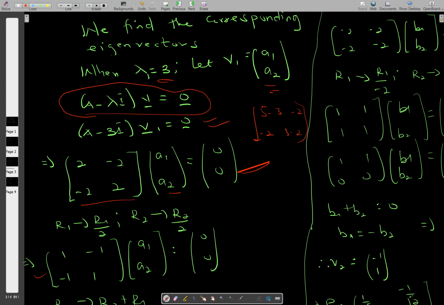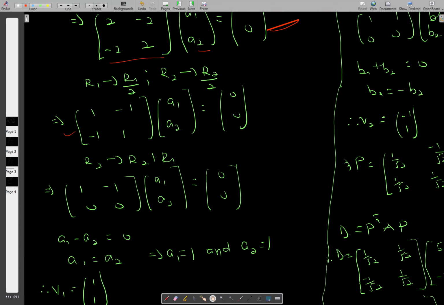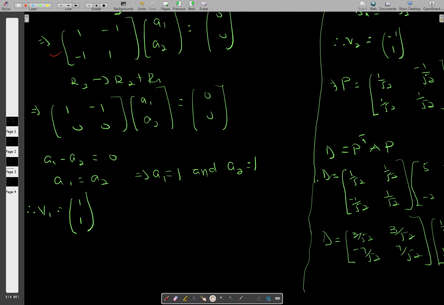Also we try to reduce the number of rows. So we apply the elementary row operation, r2 goes to r2 plus r1. When you do that, we get this. So therefore from here we multiply this by the vector.